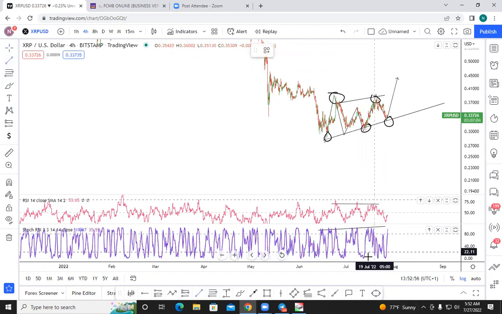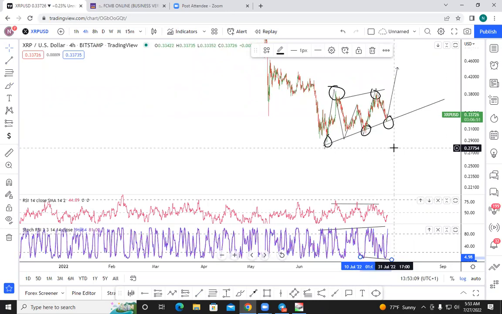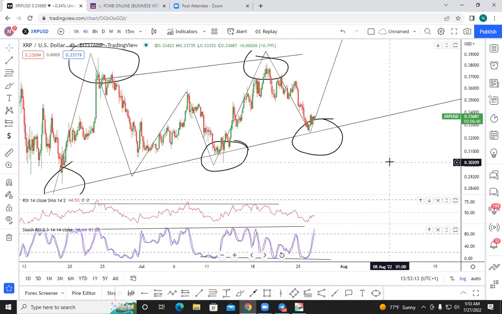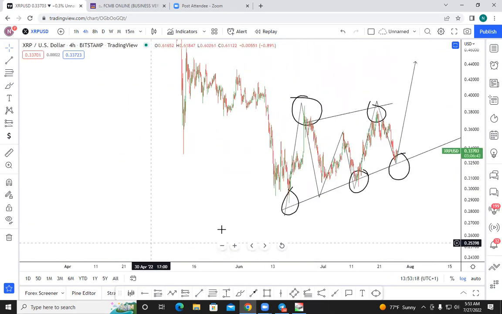This level, look at it here. Can you see? Simple. Because it made a lower low on the stochastic and it made a higher low on the price. This is bullish hidden divergence. And that is the beginning of another move to the upside. Can you see it now?